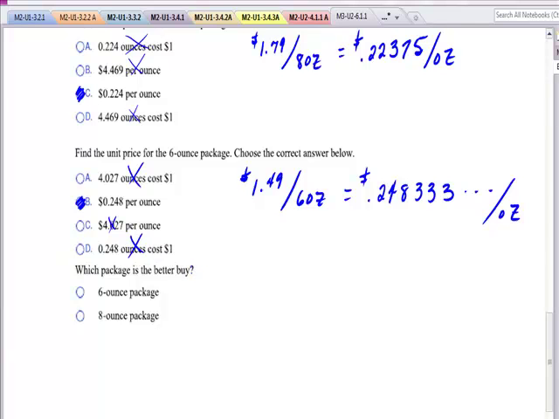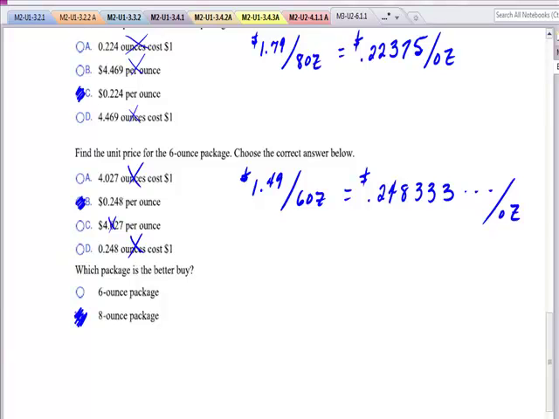Which is the better buy? Well, this one is a little more than 22 cents an ounce. This one is a good bit more than 24 cents an ounce. So this one up here is smaller, and that was the 8-ounce, which means the 8-ounce package is the better buy.